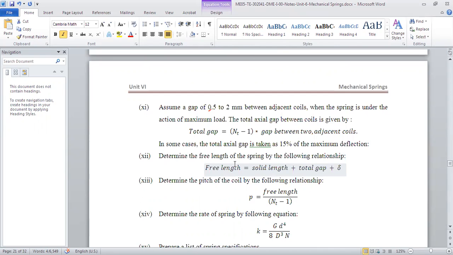So if the gap is 1, multiplied by NT minus 1 gives the total gap between the coils.